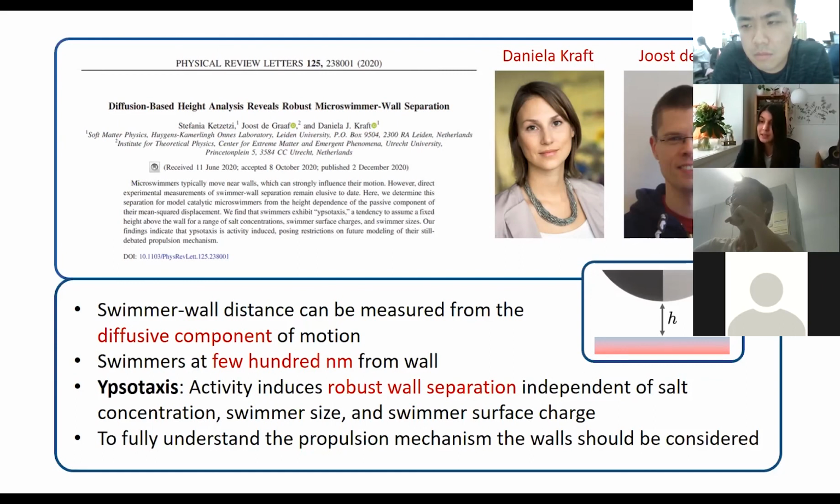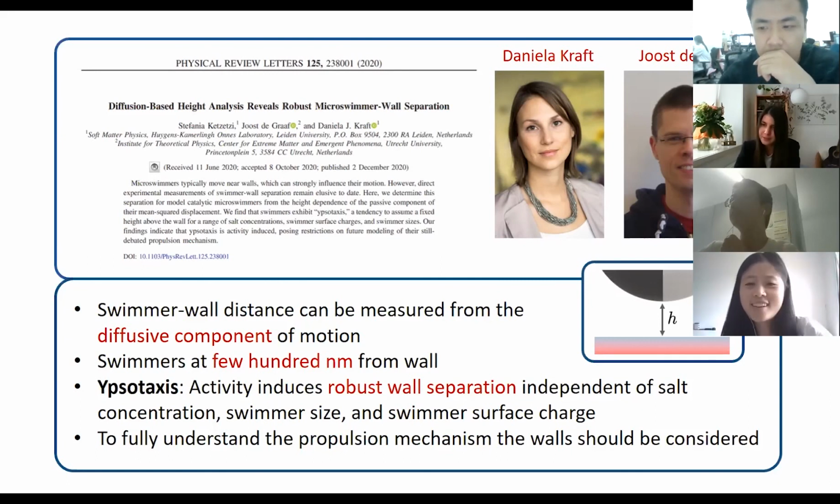It's a phenomenon that is activity induced. So you need to have these flows that you have in the active state to see this sort of constant height tendency of the particles. Okay, thank you.